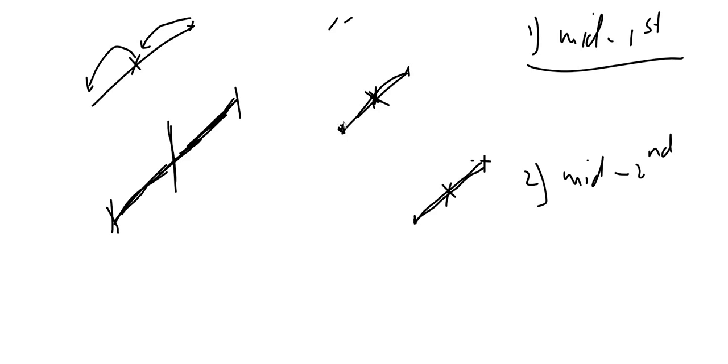So I will compare my mid with the beginning. In this case, if it is greater, I will know that the array to the left of my mid is strictly sorted. It's non-rotated, and the rest of the array to the right is rotated.